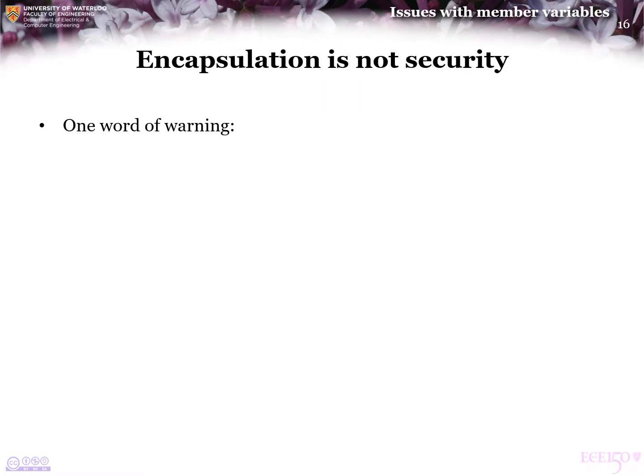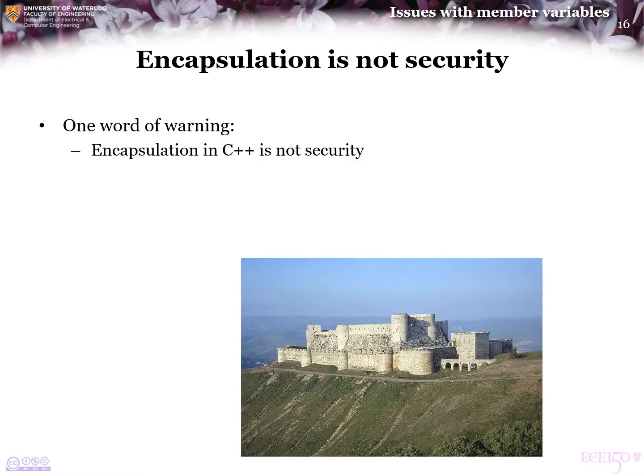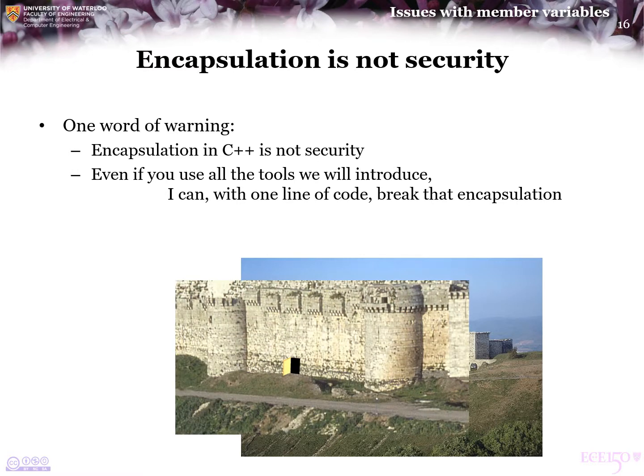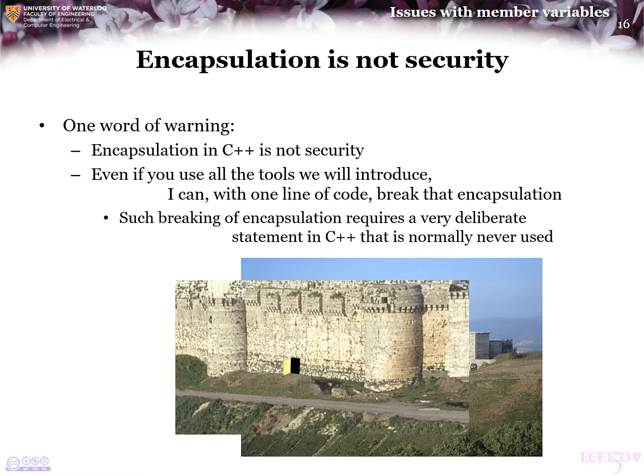Now, one important word of warning. Encapsulation in C++ is not security. Even if you use all the tools we will introduce, I can, with one line of code, break that encapsulation. Sort of like having a back door. Such breaking of encapsulation requires a very deliberate statement in C++ that is normally never used.